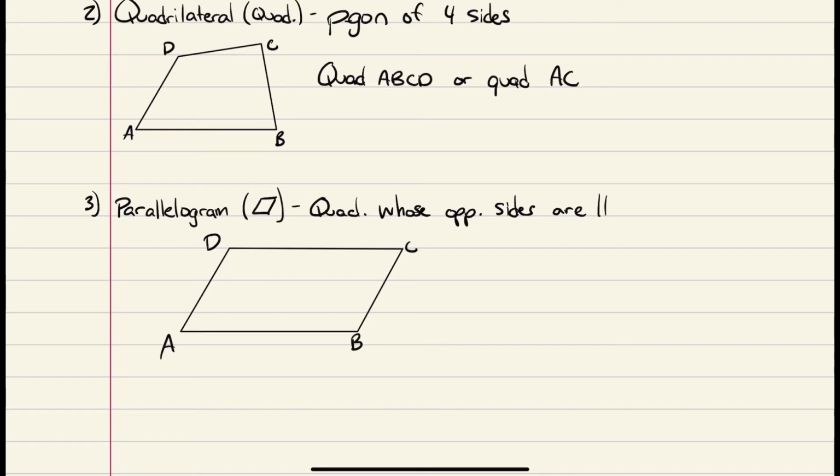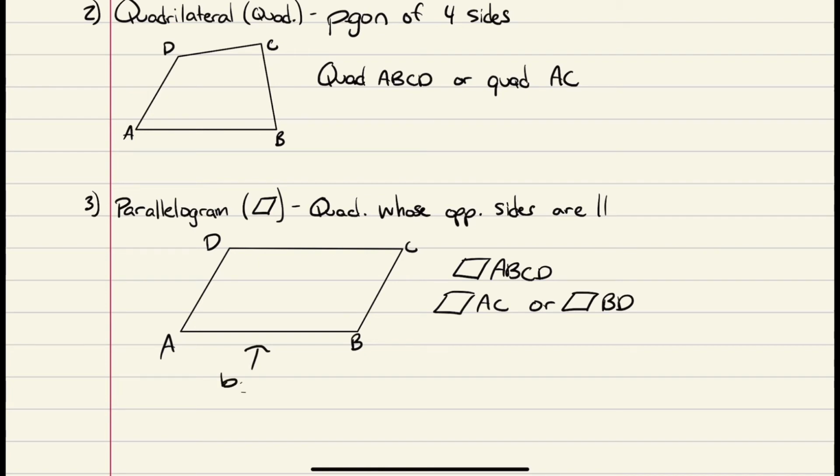There we go. And for sake of quickness, I'm going to use the abbreviation here for parallelogram. I'm going to draw a small parallelogram, and we could do the same kind of thing. This would be parallelogram ABCD, or parallelogram AC, or parallelogram BD, something like that. Okay, pretty simple.